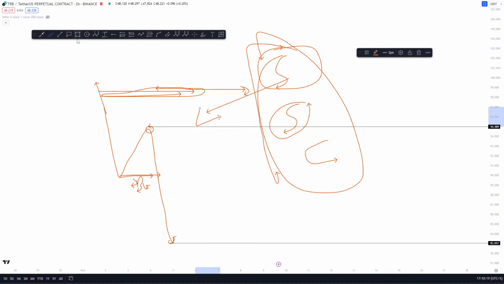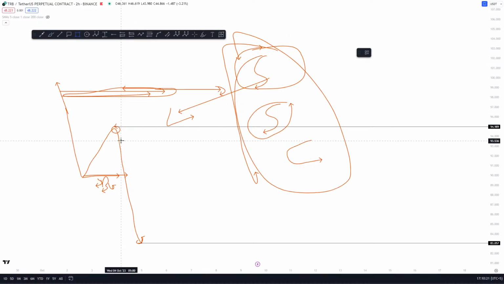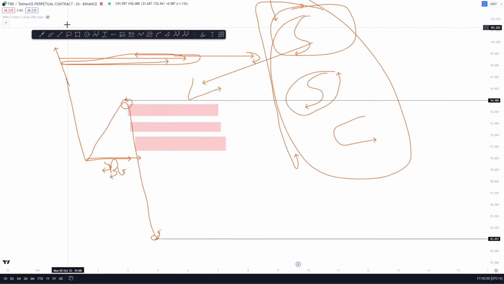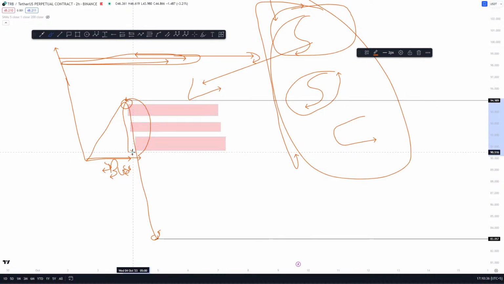Now another question may be: if a supply zone is over here, another supply zone over here, and another over here, which one is better? Before a break of structure, there may be 1, 2, 3 supply zones or more than three. That's fine, but which one do you have to consider?